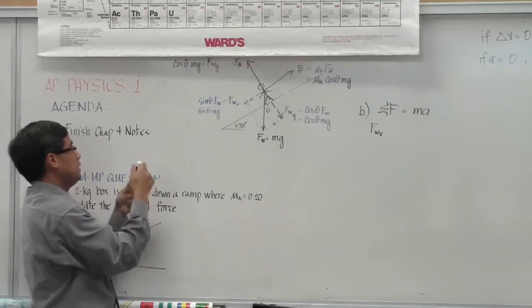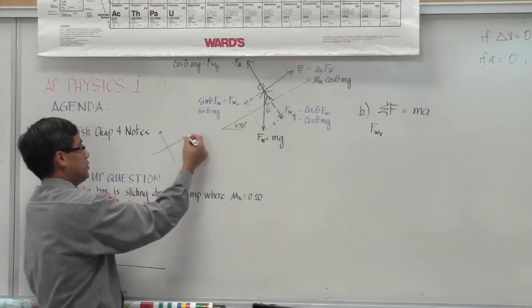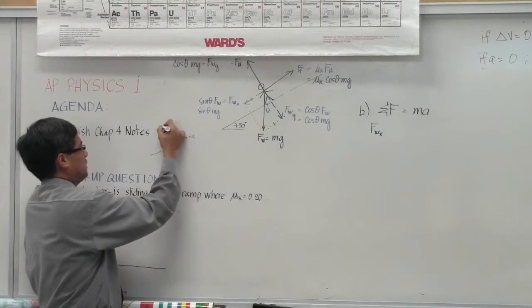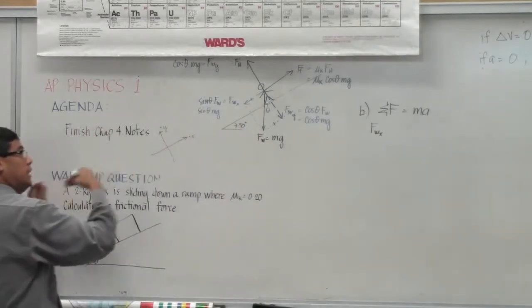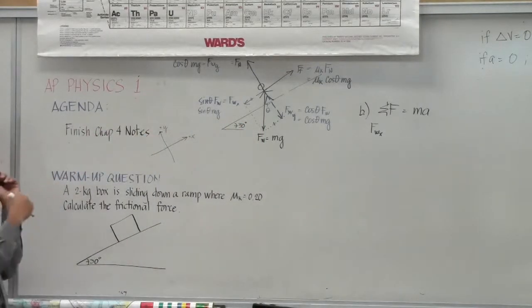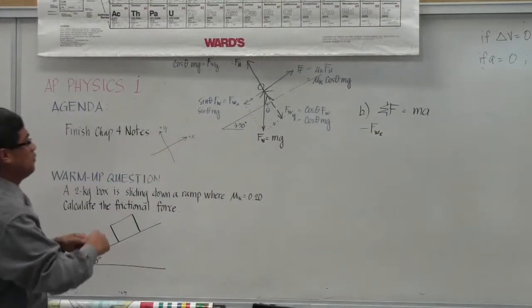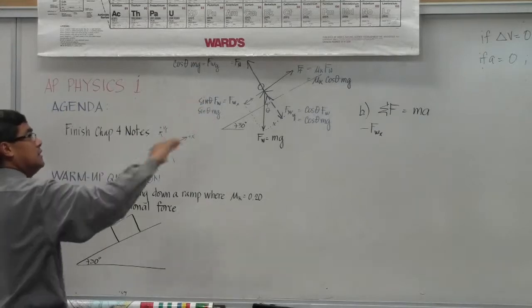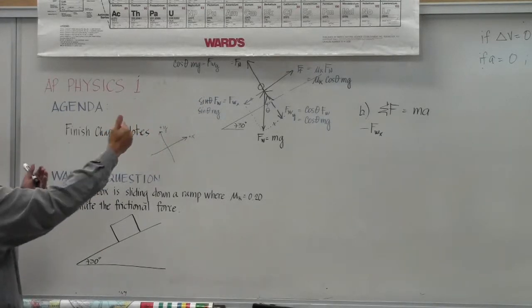By origin, we already stated earlier, but I just erased it because I needed more space, plus X, plus Y. If something is pulling to the left, is it positive or negative? Negative.